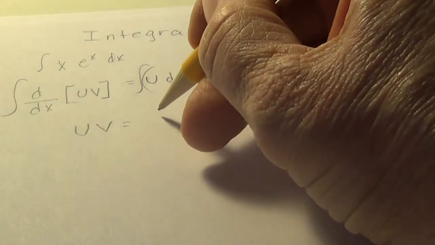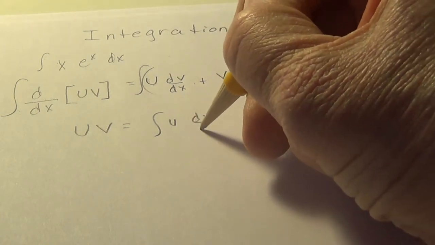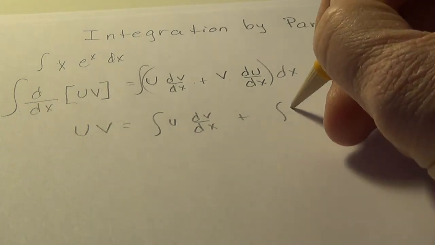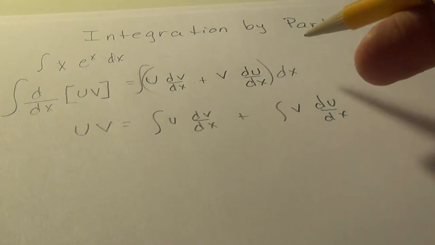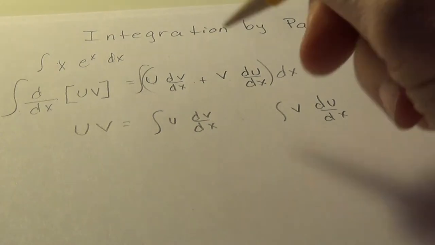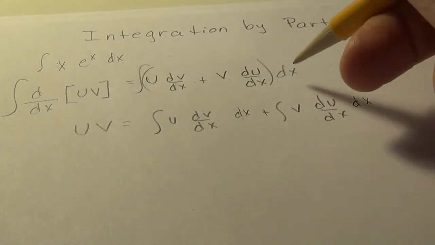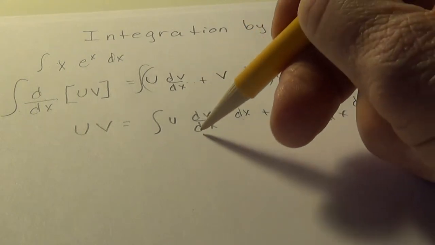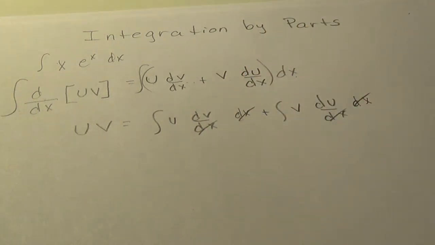On the right, I can divide it up into 2 individual integrals, which you can do when 2 terms are added together. Both of these are with respect to x, so I should put a dx in each. So in fact, let's just get rid of the dx's as if they were algebraic quantities.